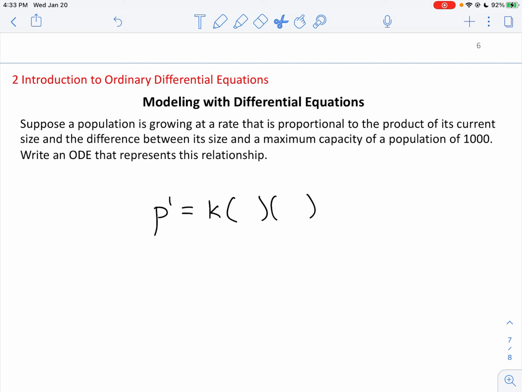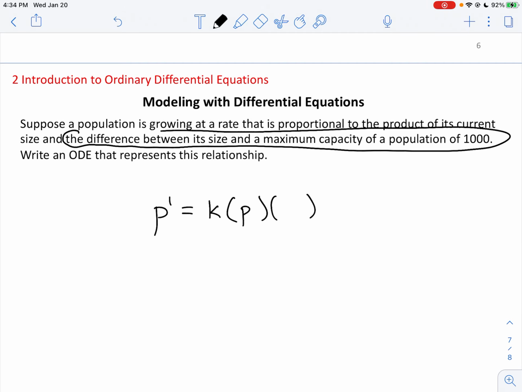Now, what's in the product? What are the two factors? Well, the product of its current size, well, that's just p, so that's one of the factors. The p stands for the population size. And the other part of the product is specified right here. The difference between its size, so that's the difference between p and a maximum capacity of a population of 1,000.